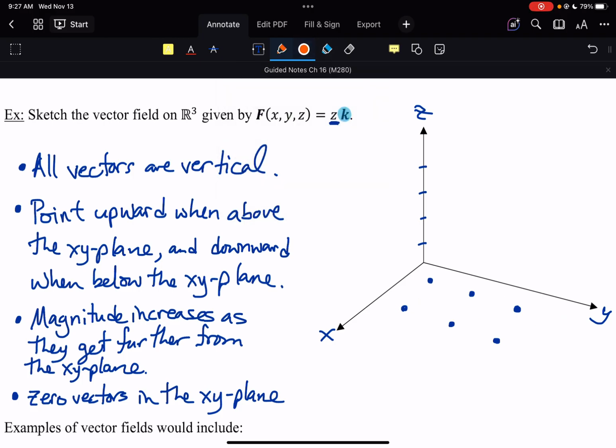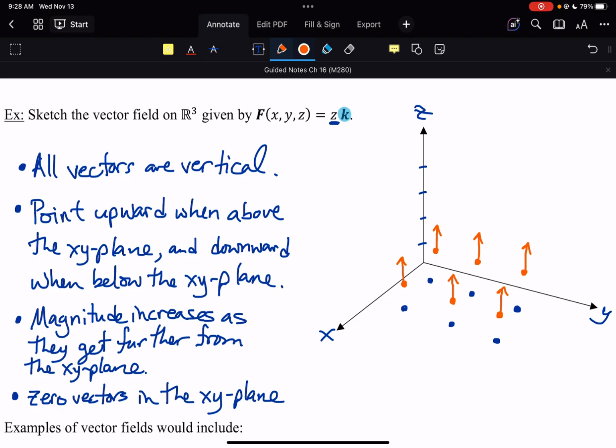If we go up 1 unit, then we get a vector that points up and has a length of 1. So like that. These should theoretically all be the same vector, just offset from each other.